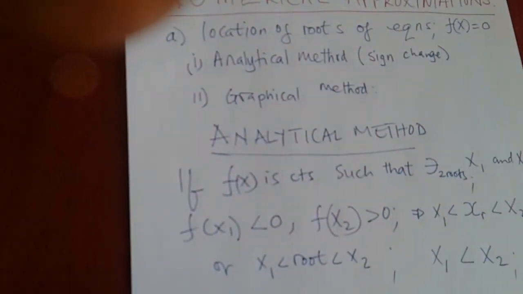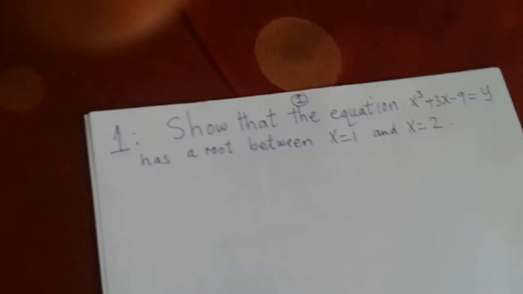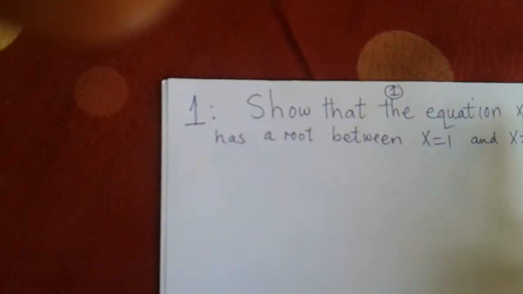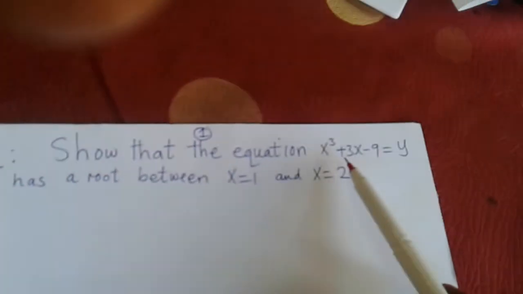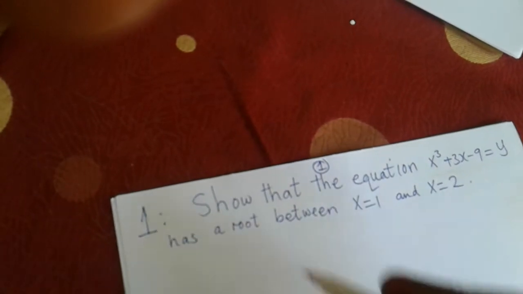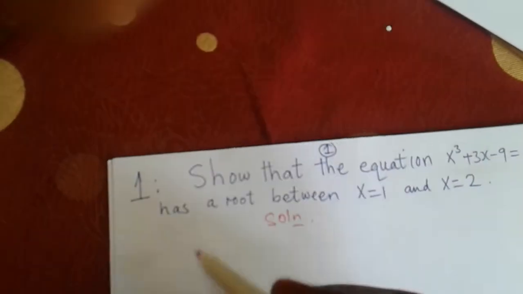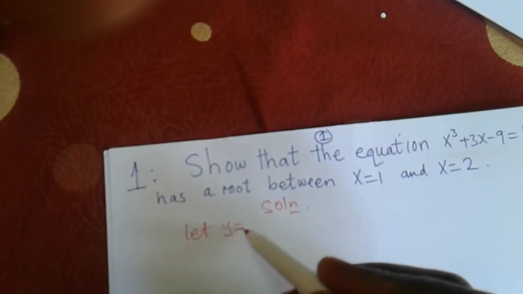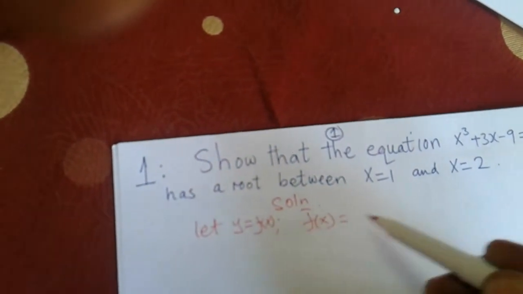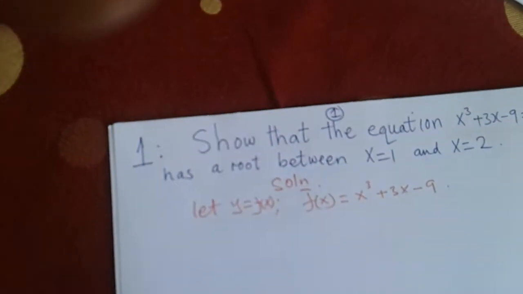We want to look at examples of how we can use this method. Example 1 shows that the equation x cubed plus 3x minus 9 equal to y has a root between x equal to 1 and x equal to 2. When faced with this question, the solution is to let y be equal to f(x), such that f(x) becomes x cubed plus 3x minus 9.